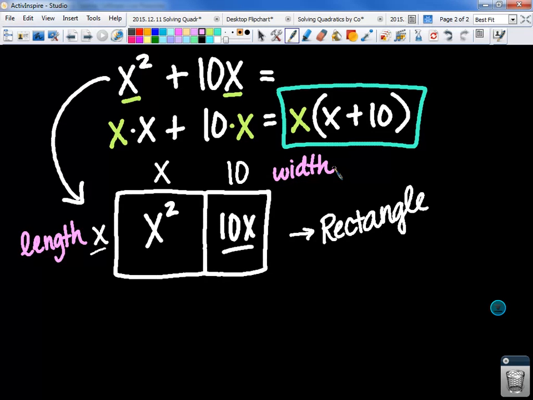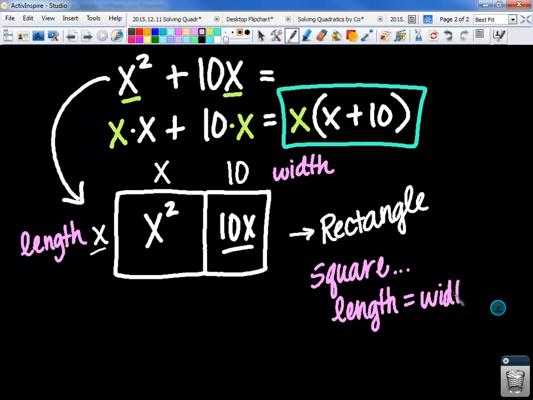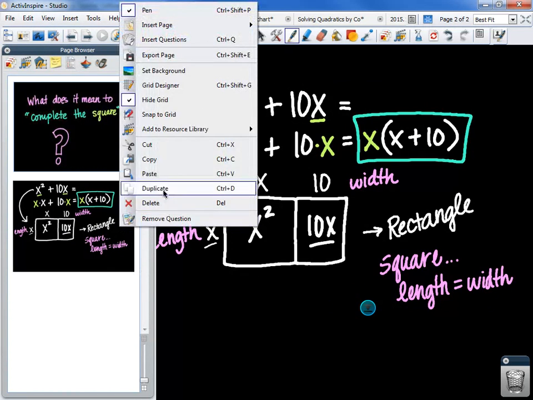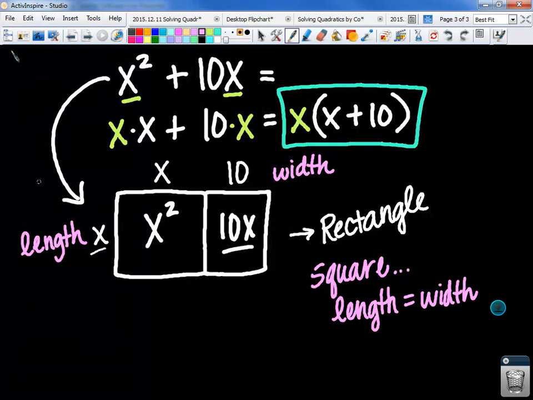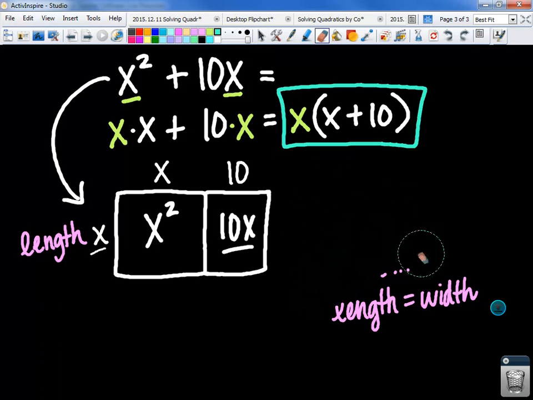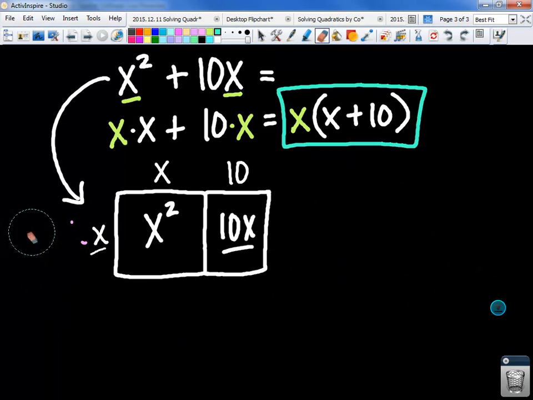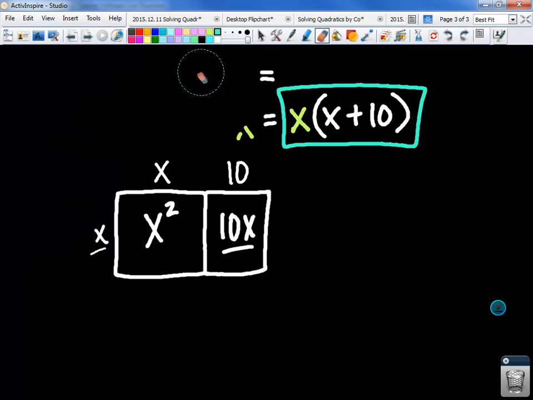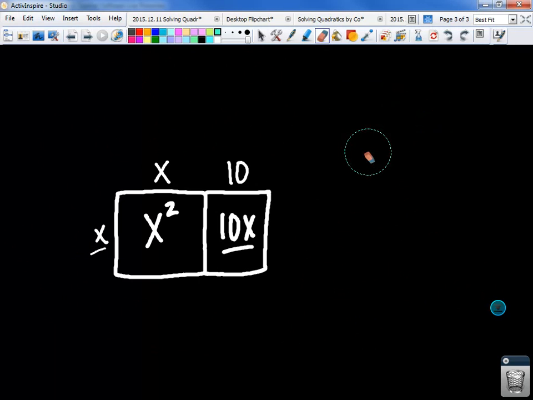For it to be a square, the length must equal the width. So I'm going to get rid of some of this up here to clean up the page a little bit, because I just want to use this part of the problem.